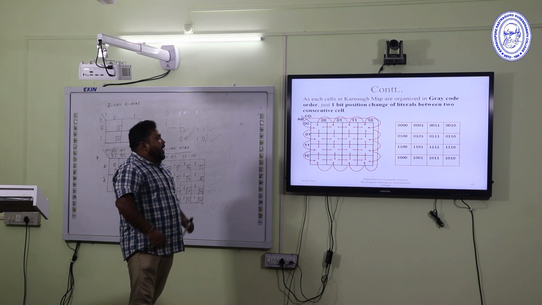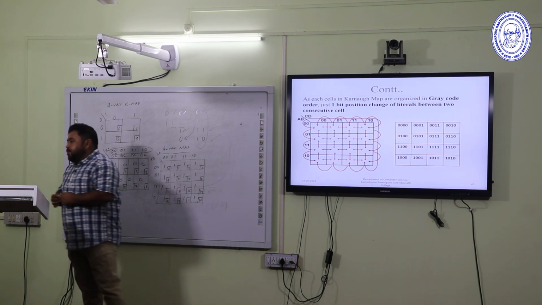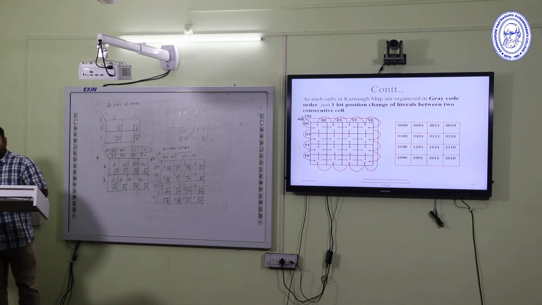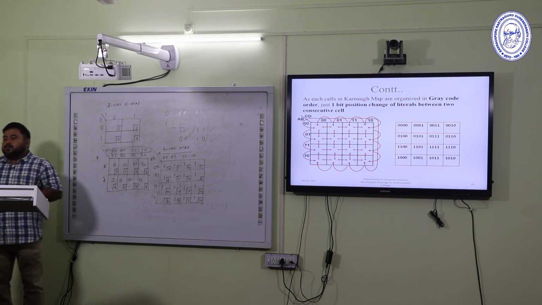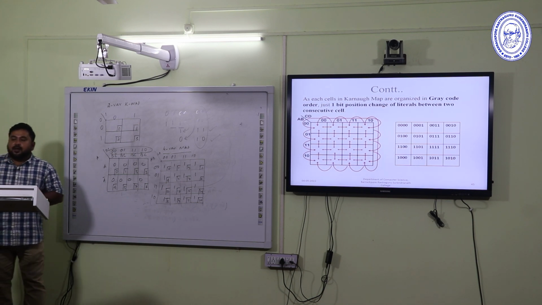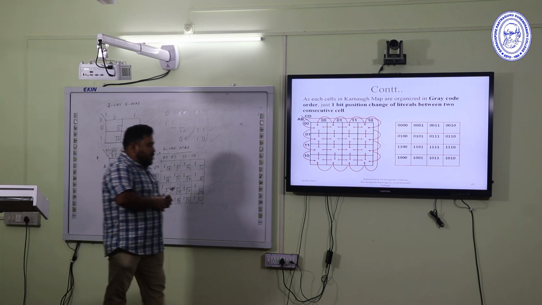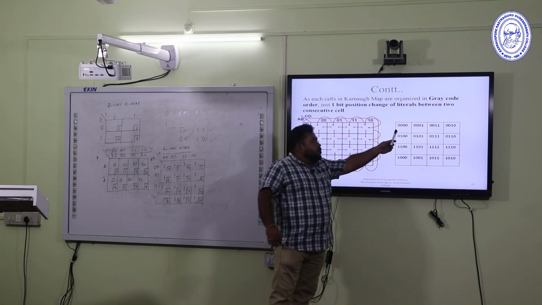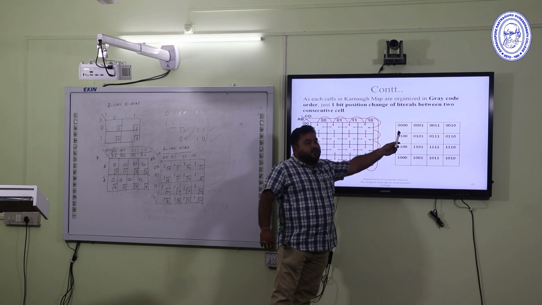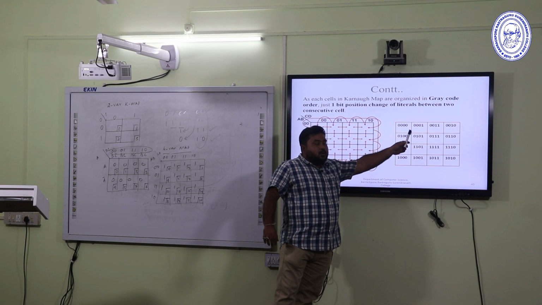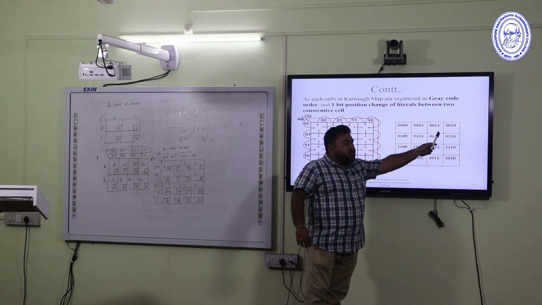Now as each cell in the Karnaugh map is organized in gray code order, just one bit position can change of literals between two consecutive cells. That means this is a 4 variable map. The first cell value is 0000, then 0001, then 0011, then 0010.